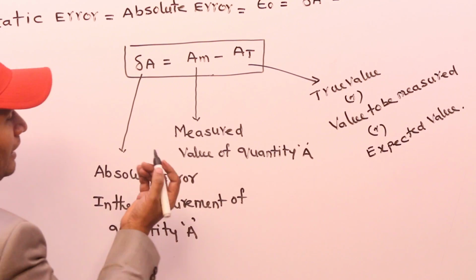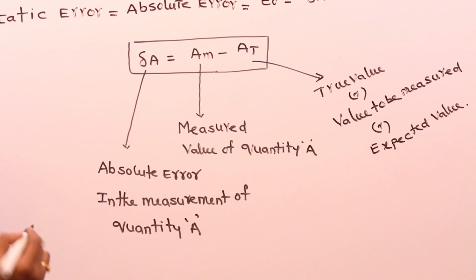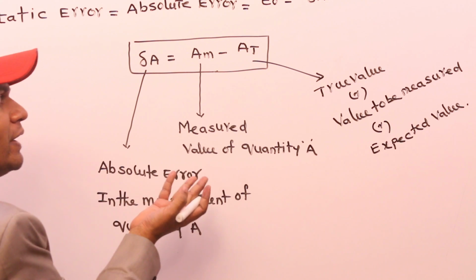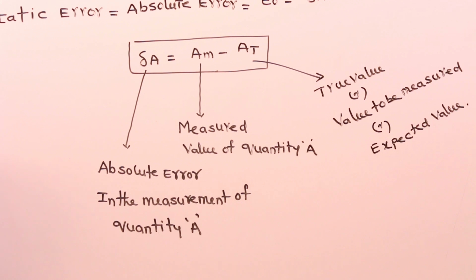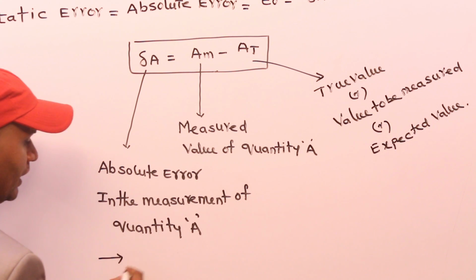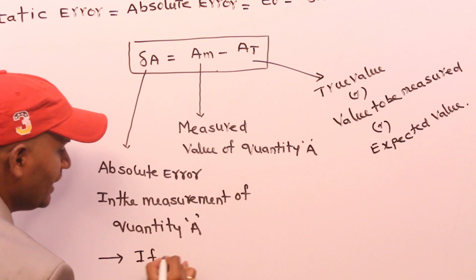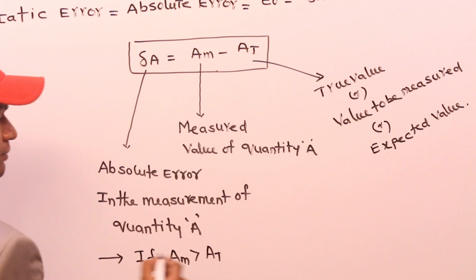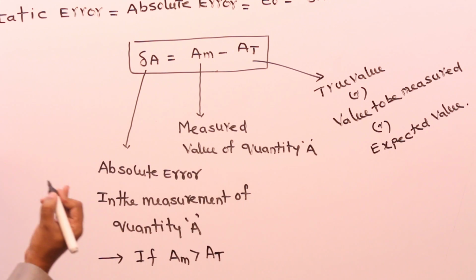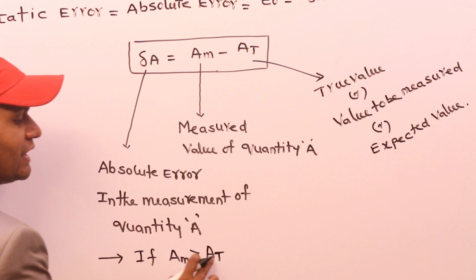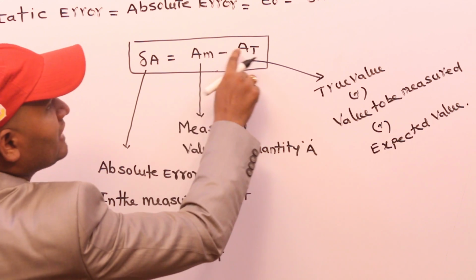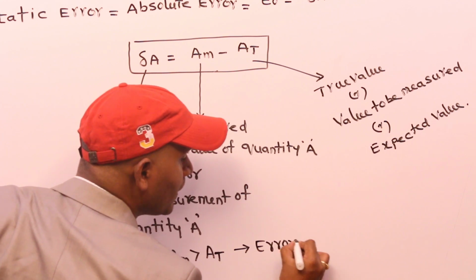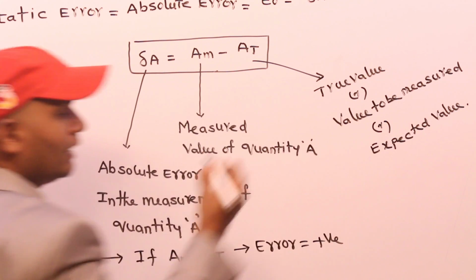Now, this error may be positive or negative based on the measured value and true value. That means if AM is greater than AT, that is, in a particular measurement the measured value is greater than the true value, then the error is positive.